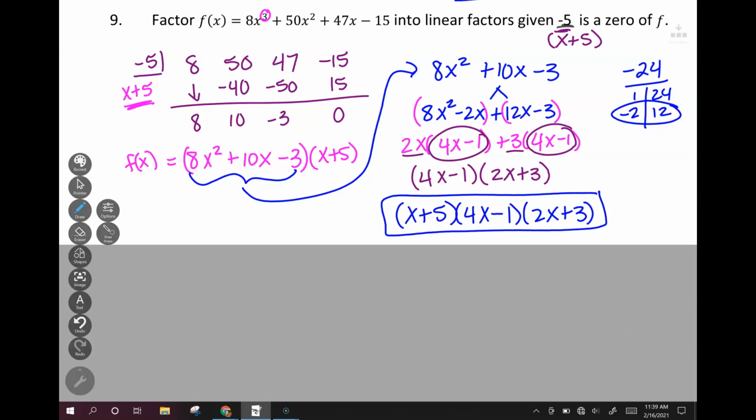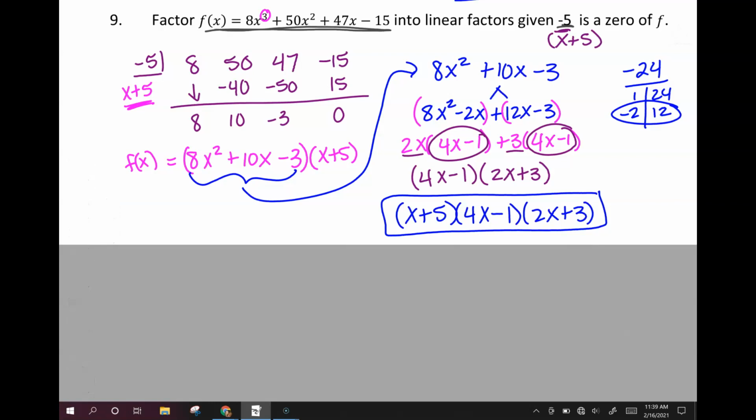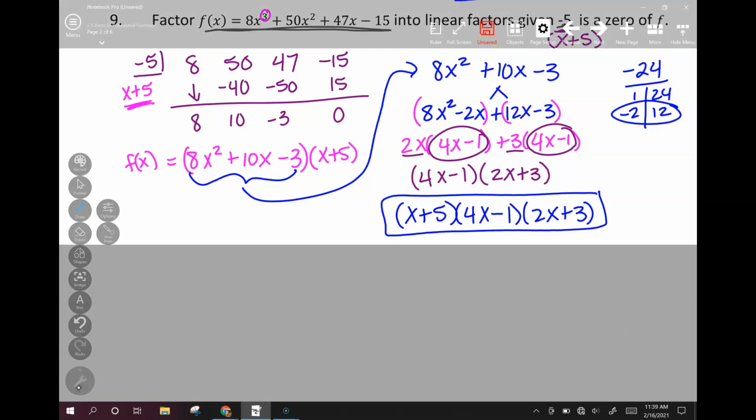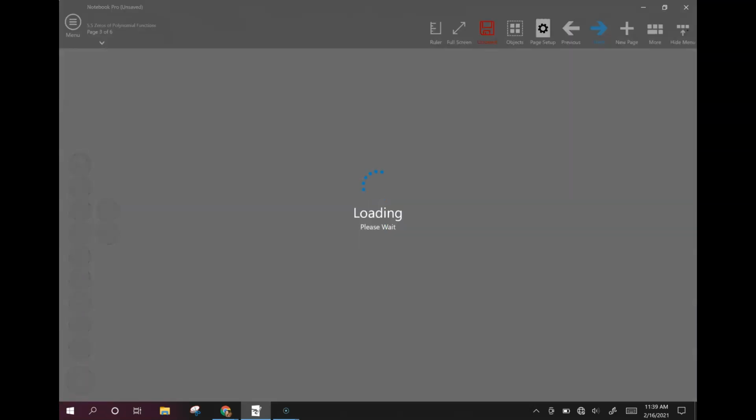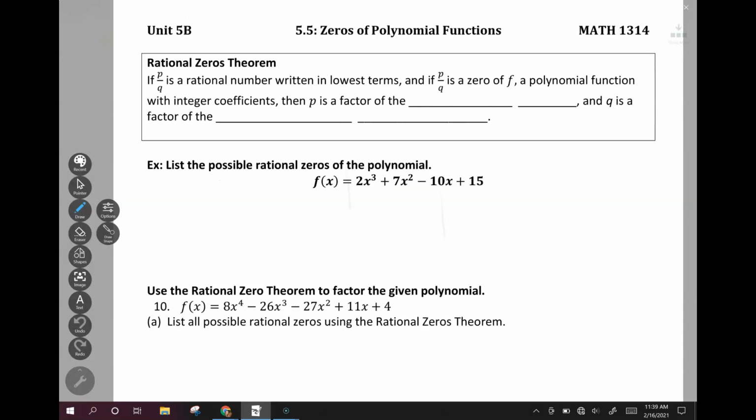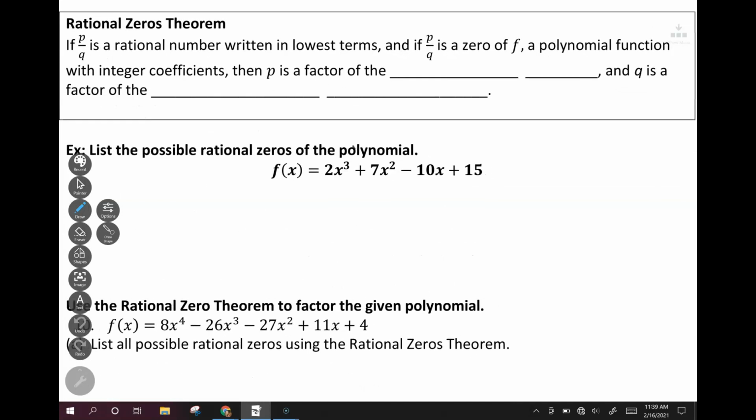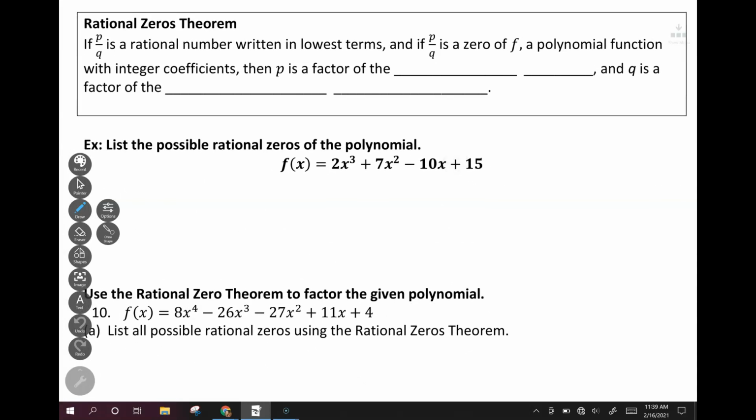That would eliminate the whole purpose of being able to factor this polynomial using synthetic division, right? If you're having to be told what one of the factors is in the first place. So today we're going to look at how you can figure out what one of the factors is, so you don't have to be told. And that comes from the rational zeros theorem.